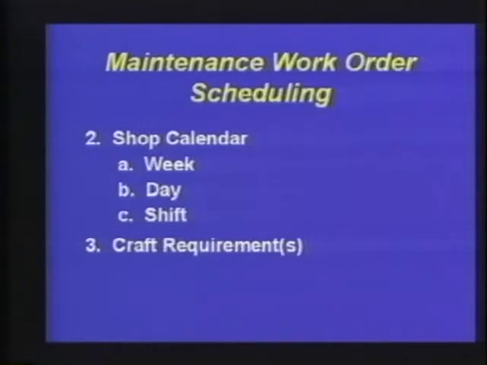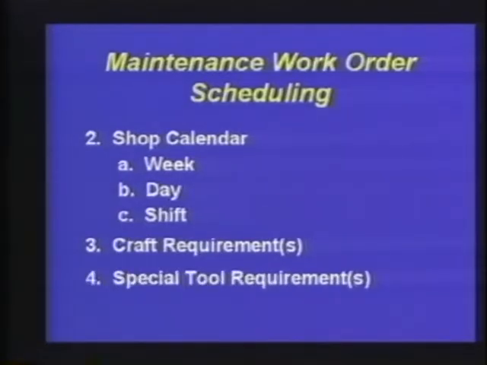So here again is another key integration of requirements. The third element is craft requirements, and that addresses who by labor grade will be performing the tasks on various planned and unplanned work orders.